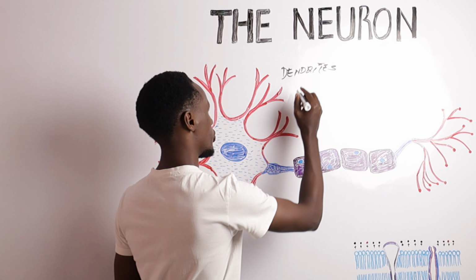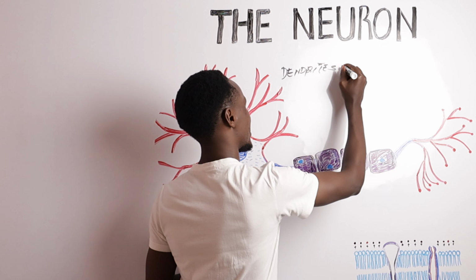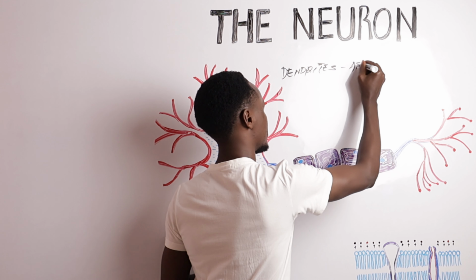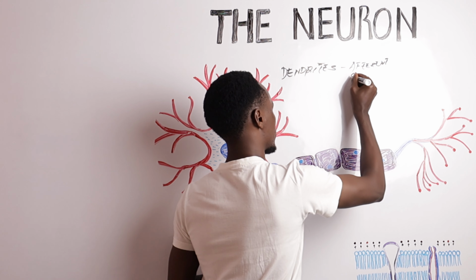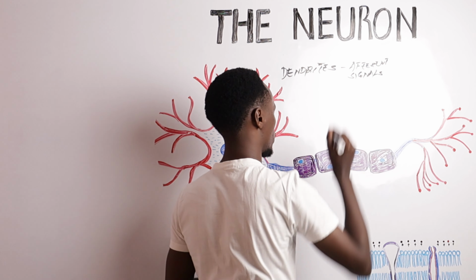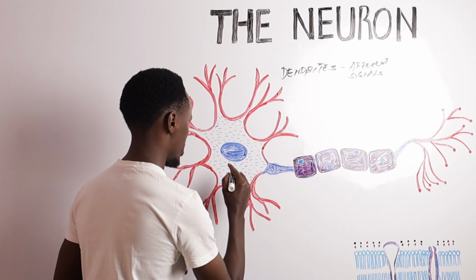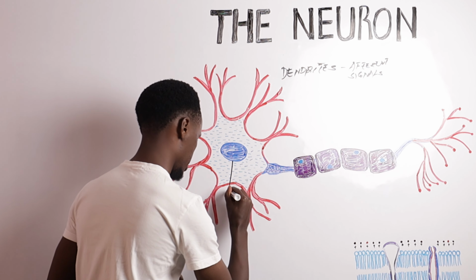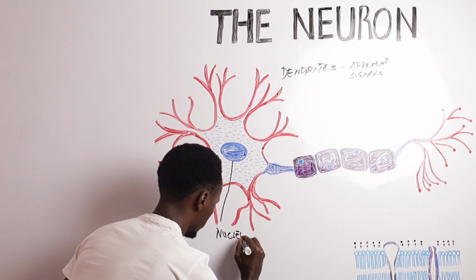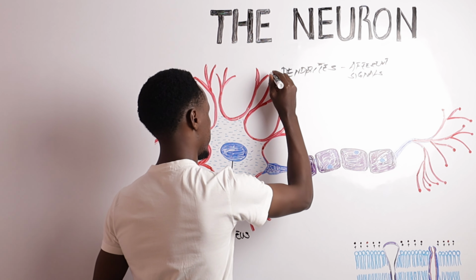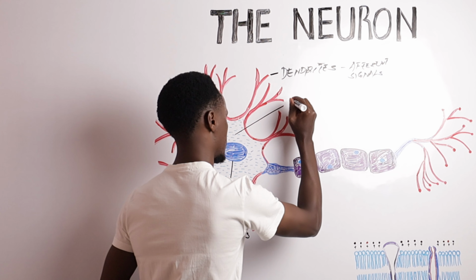What they do is carry afferent signals. This one right here is the nucleus. We've said that these are the dendrites, and this is the cytoplasm.